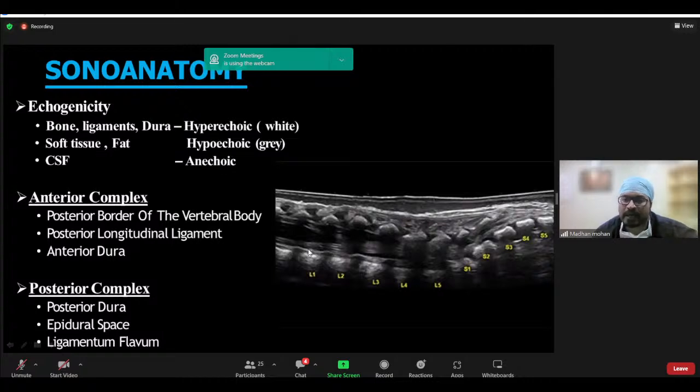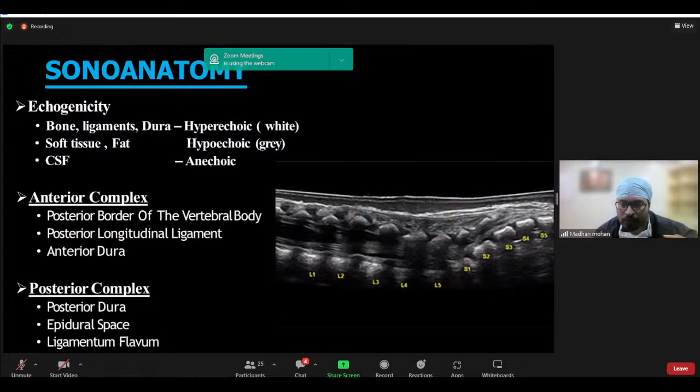What lies here is the posterior longitudinal ligament and then the anterior dura. There may be a minimal space between these two, which comprises the anterior epidural space, but it is very thin. It may not be as spacious as the posterior epidural space.